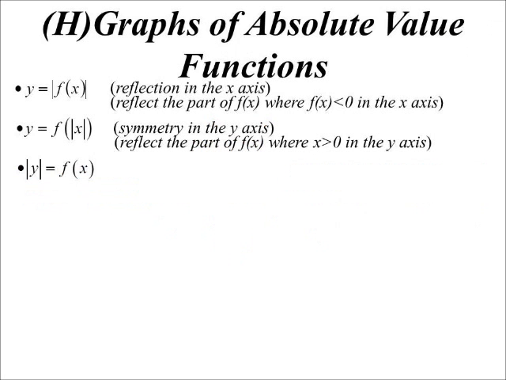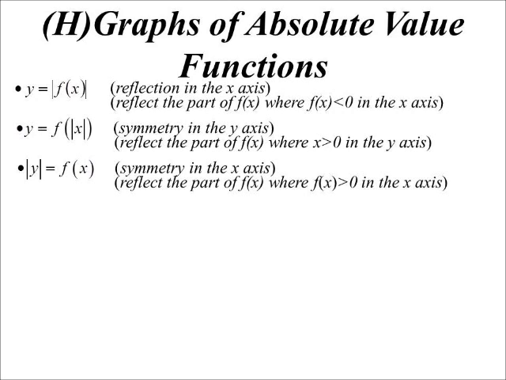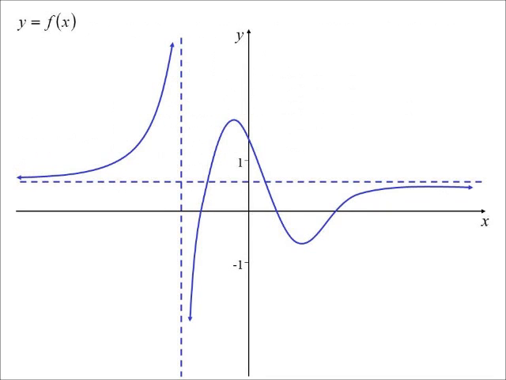All right, absolute value of y is equal to function x. So now, what happens? This is also symmetry in the x-axis, but reflect the part of the function where the function is positive. Let's draw it. There's the original.